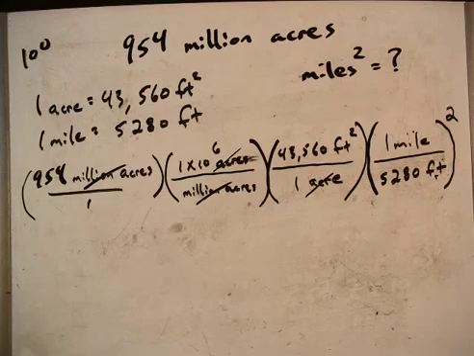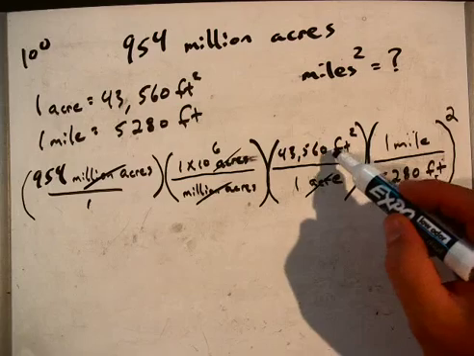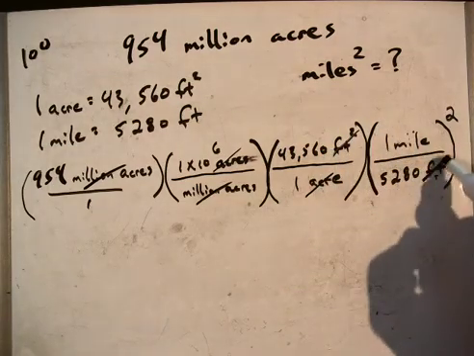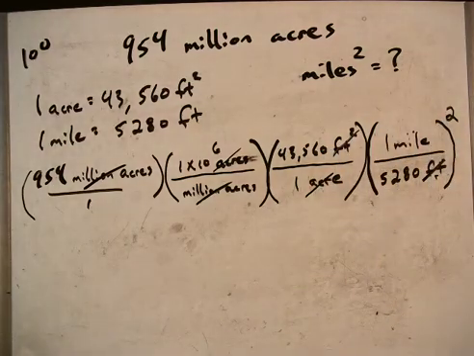The 1 over 5280 needs to be squared in order to convert the conversion from 1 mile per 5280 feet into miles squared per feet squared. And so now these would cancel out as a result of the square. Notice I have it outside of the parentheses.